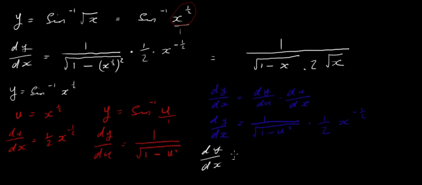So dy dx is equal to 1 on the top, all over square root of 1 minus u squared. Well, u is just x to the power of a half, so instead of this u, I'm going to resubstitute back in my x. So it's 1 minus the x to the power of a half, and remember, we're squaring it here as well.